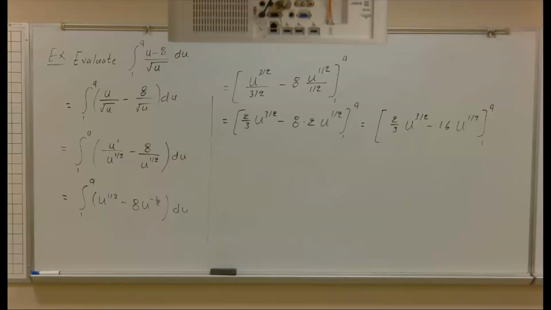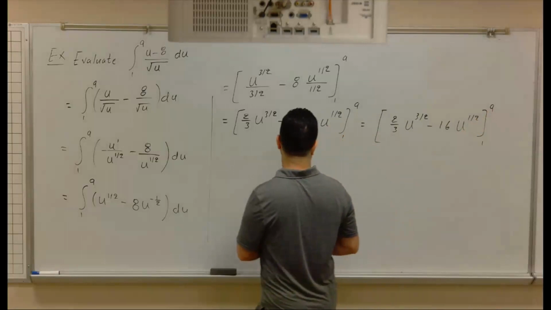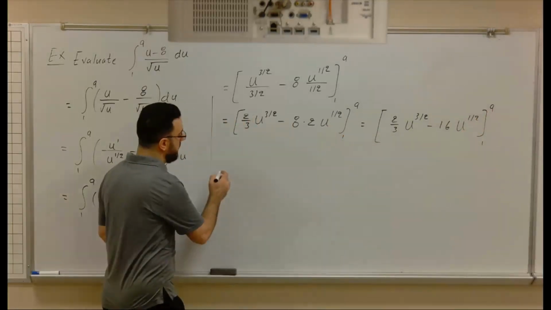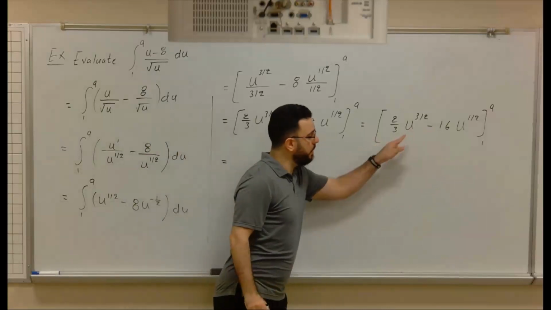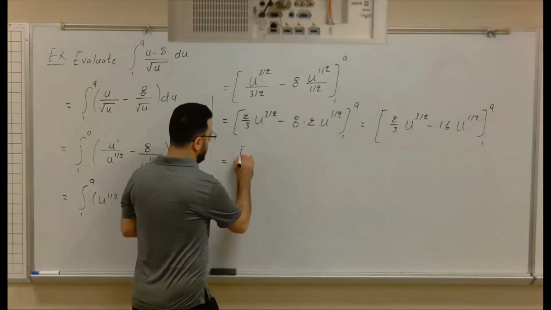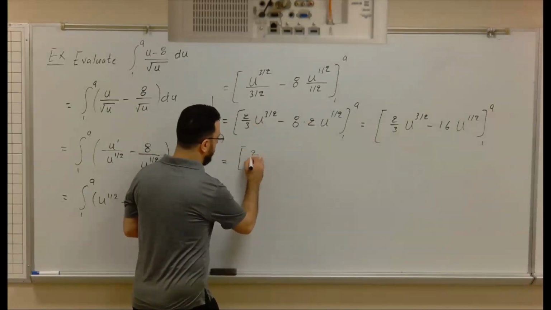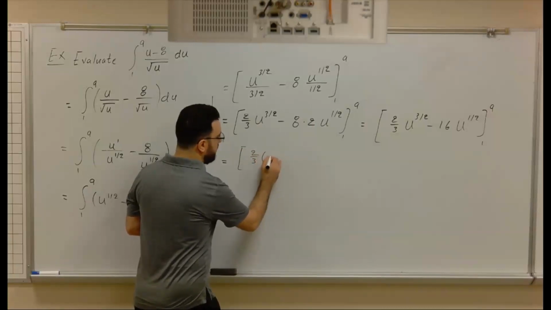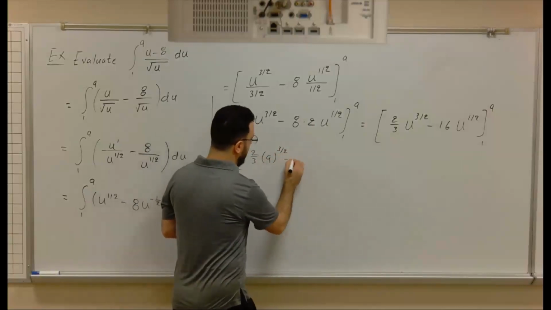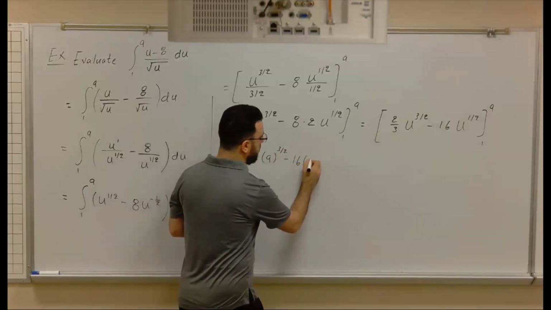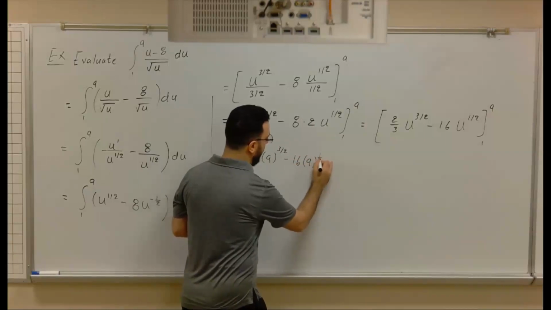What's the next step? Plugging in the values. Plug in. Fine. The first thing we're going to start from is the 9. I'm telling you, you have to be careful here when you plug in the numbers. Plug in the 9, so it's going to be 2/3 times 9 to the 3/2, minus 16 times 9 to the half.